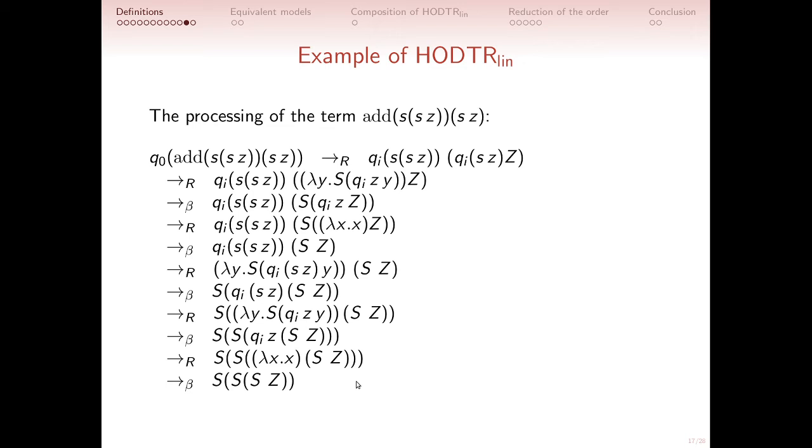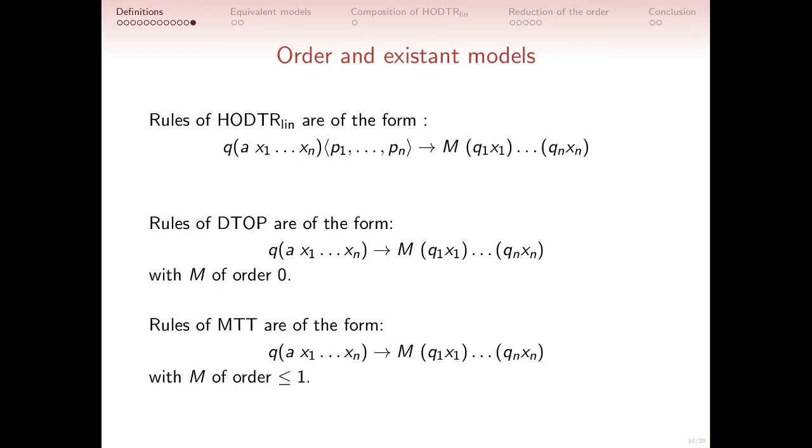This way of computing is interesting in how it compares to existing models. So what you can see is that if you remove the part about the regular look-ahead, then the structure of rules of our model is very similar to the rules of DTOPs and MTTs.